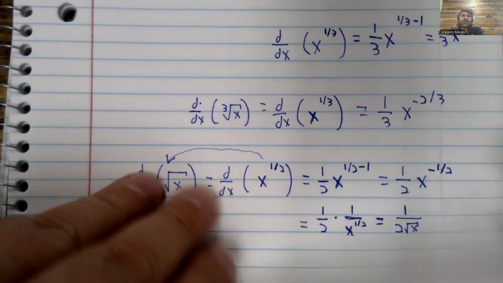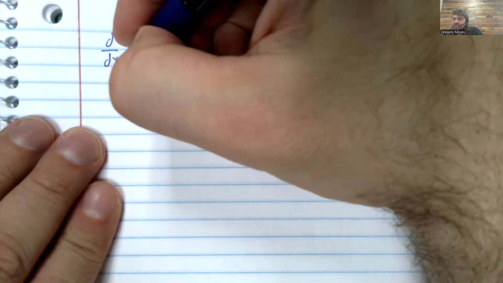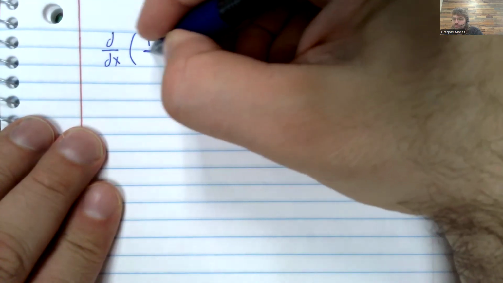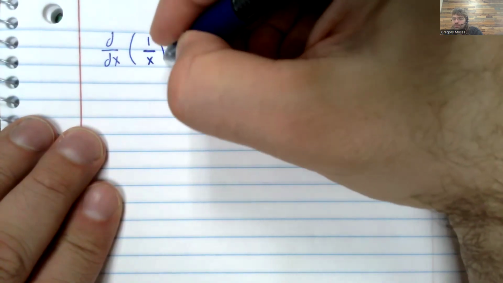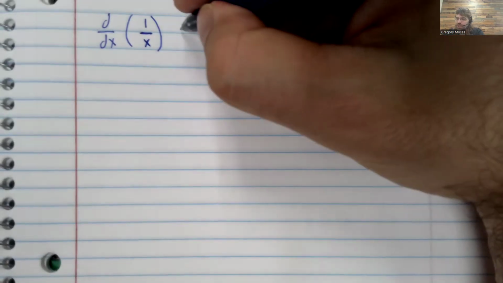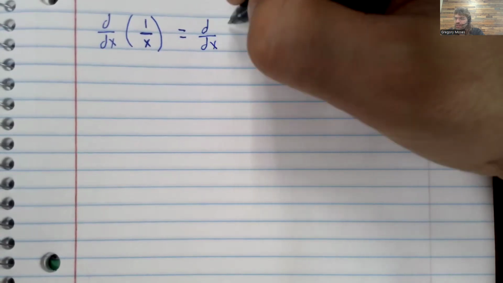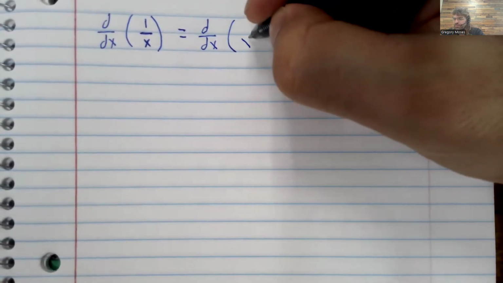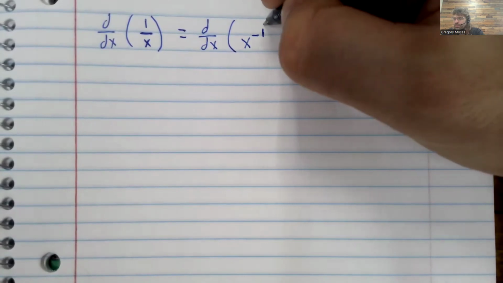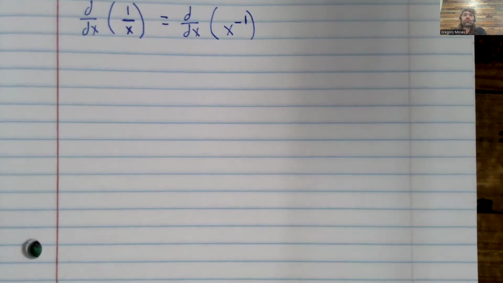This trick, by the way, also lets us differentiate something like 1 over x. If you can remember that 1 over x is x to the negative 1 power, the power rule just works.